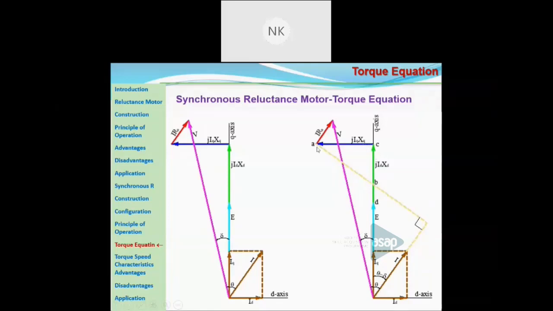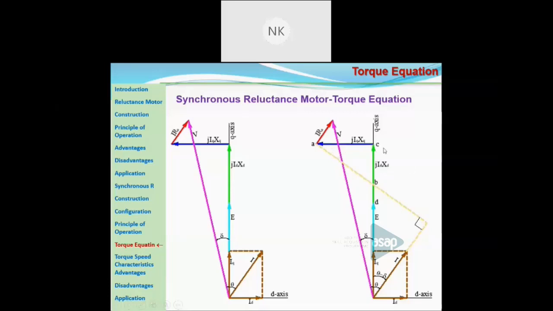But we don't know the value corresponding to AB. So AB depends upon whether it is Xd or Xq. But since we have this component, if we take jIqXq, then this component will be AB cos(theta minus delta), and this component will be AB sin(theta minus delta).